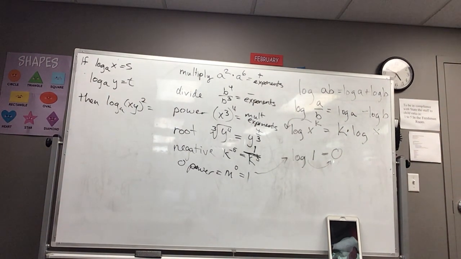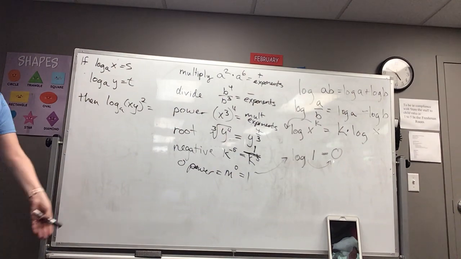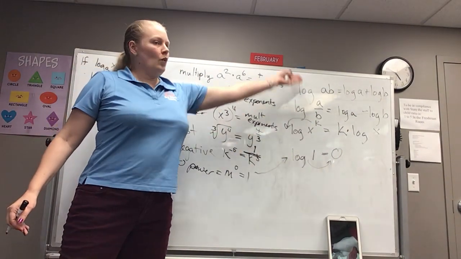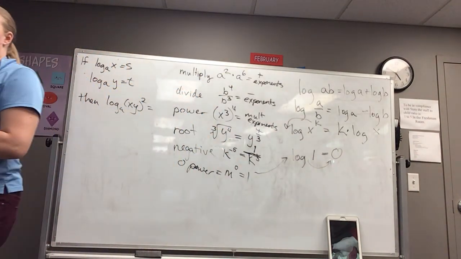So, very much a conceptual problem. There's no numbers. It's not calculator possible. It's very much the theory and understanding what can these numbers do. So, first question, which one of these rules does it look like we're going to be using?